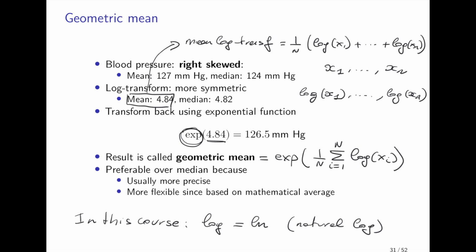Now, the geometric mean has a couple of advantages. It shares some characteristics with the mean, but it also shares some characteristics with the median. Sometimes it's preferable over the median because it can be a little bit more precise. Why is it more precise than the median? If you think about it, the median throws away a lot of data.